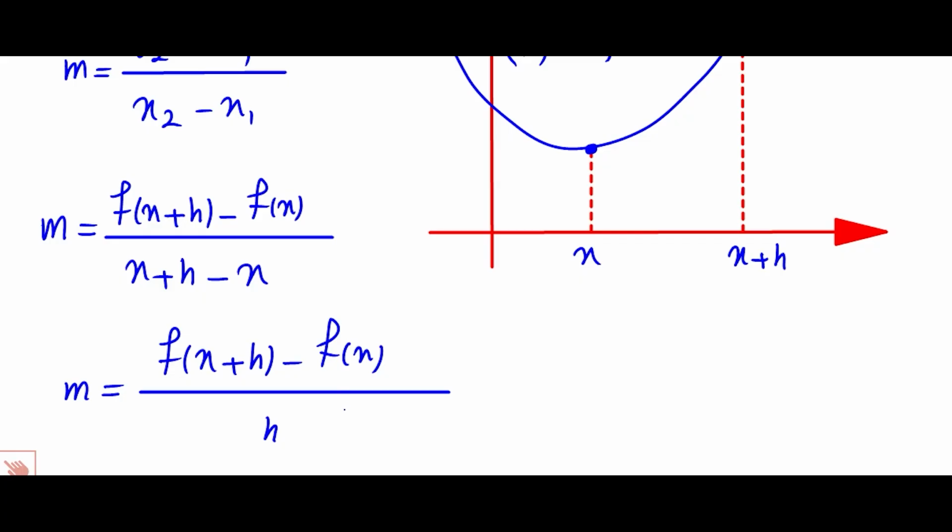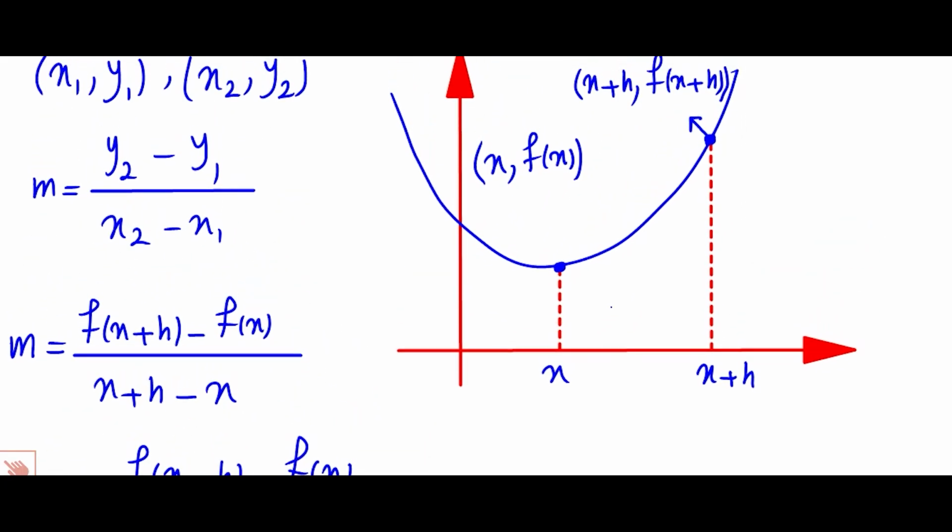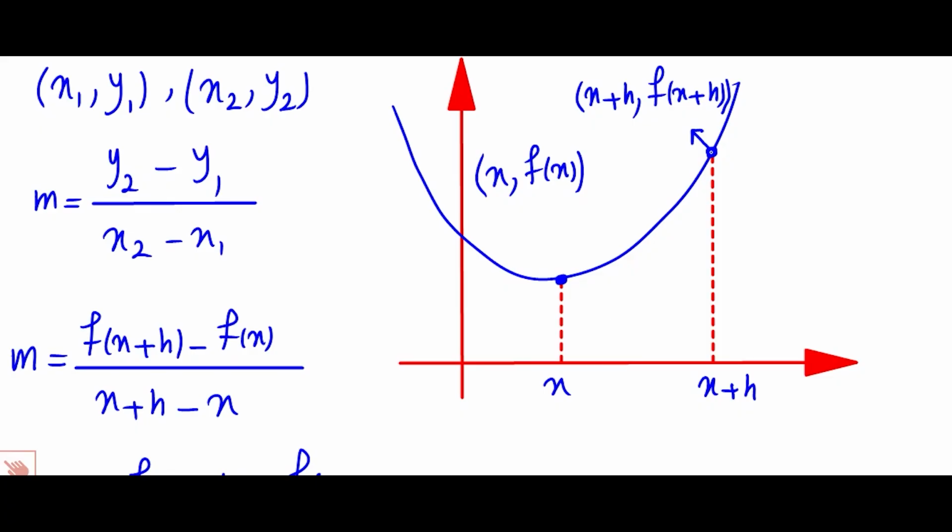Okay, but we don't actually want the slope between 2 points. We want the slope at 1 point, for example here. So we move the second point closer to the first point, which means making the distance h smaller and smaller until the second point approaches the first point.